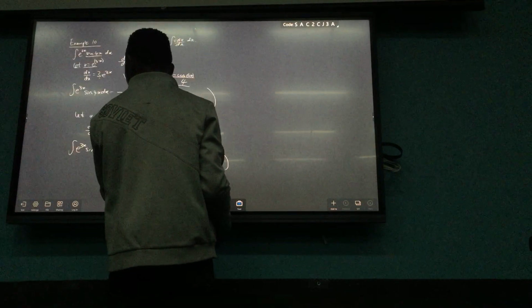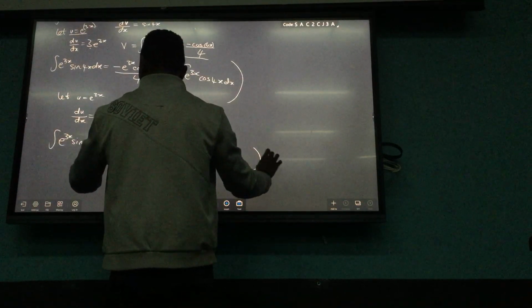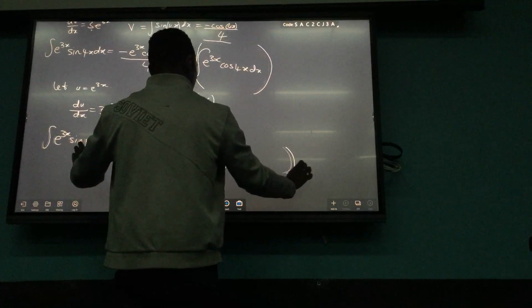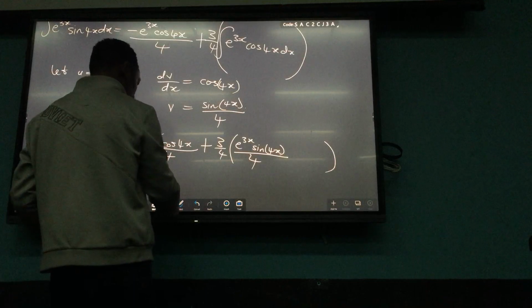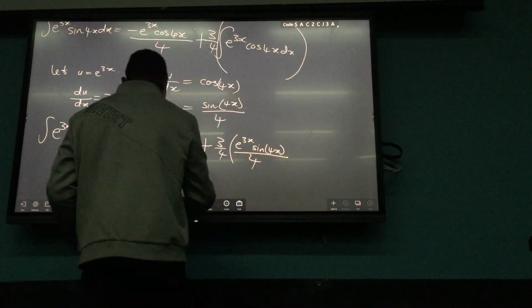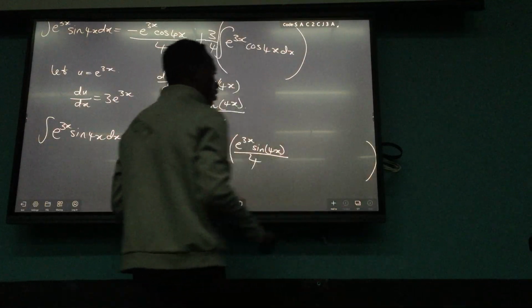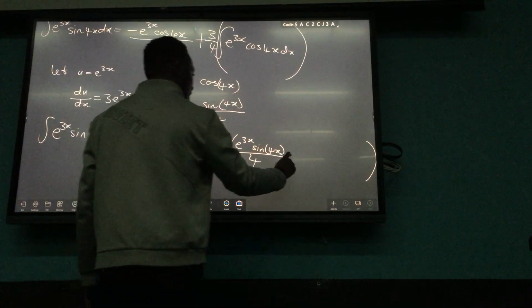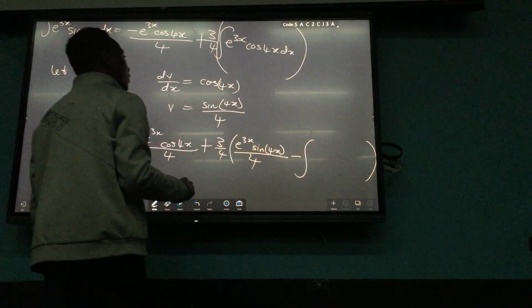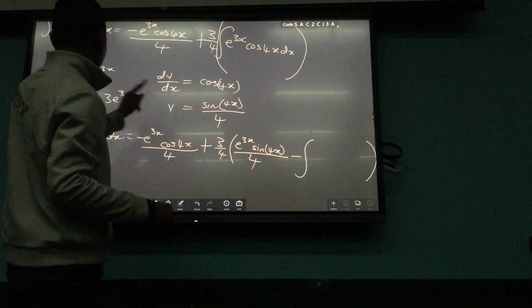let's just zoom this out. Okay, so let me also put this bracket somewhere there. So that's going to be minus the integral of v and du dx.